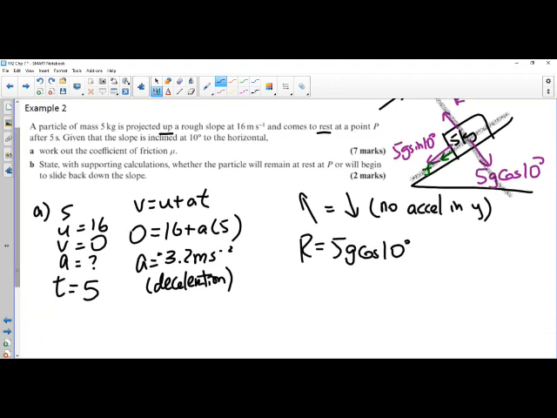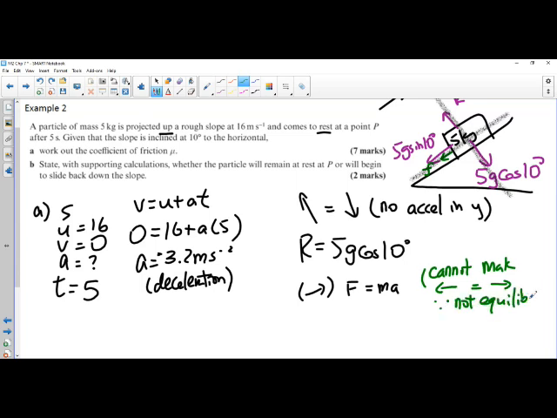However, for the x direction, we have to use F equals MA. I do want to put a note in here: cannot make left equals right because it's not equilibrium. So we have to use F equals MA instead.